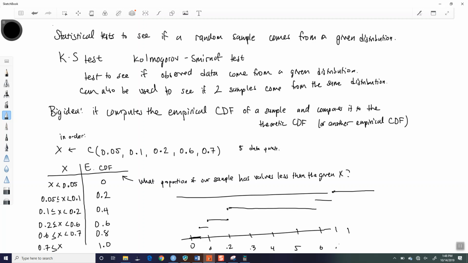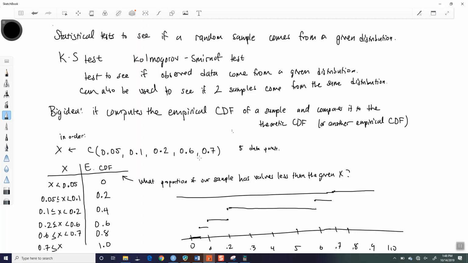Okay. Something like that. Sorry, my graph isn't the best here. But this is the empirical CDF based on the random data points that we have generated.